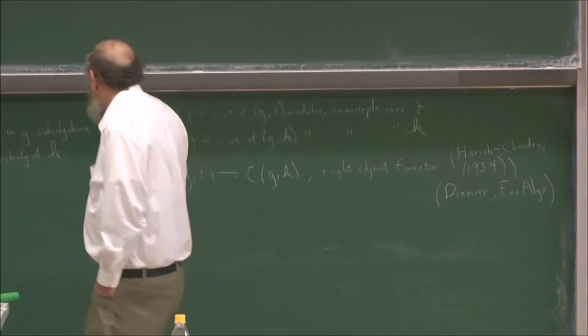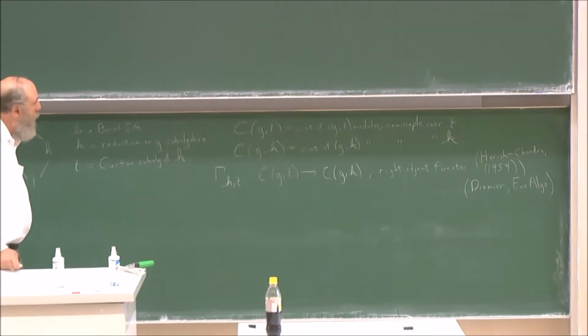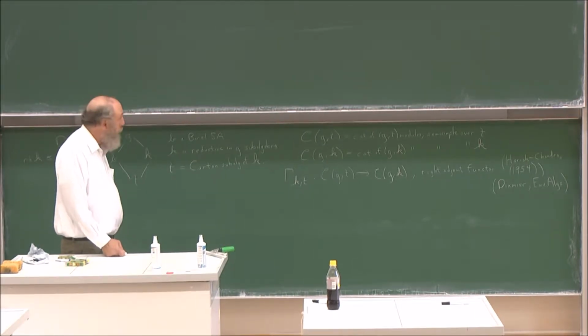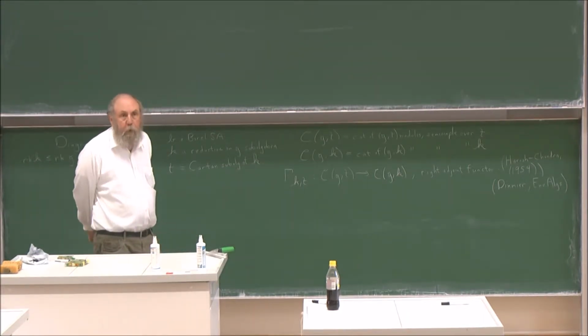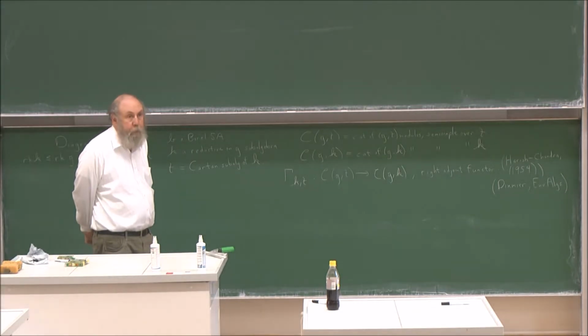And the idea which I was somehow led to introduce in the late 1970s was the idea of examining this functor in the language of homological algebra. So at first it's just a functor between the categories.